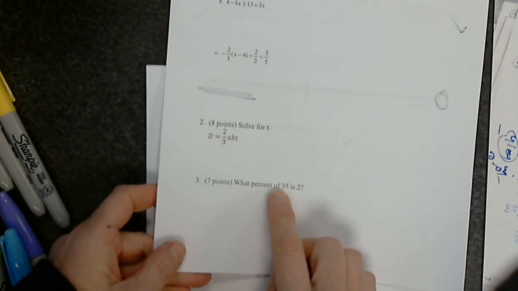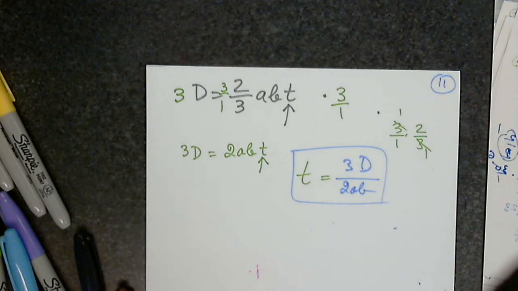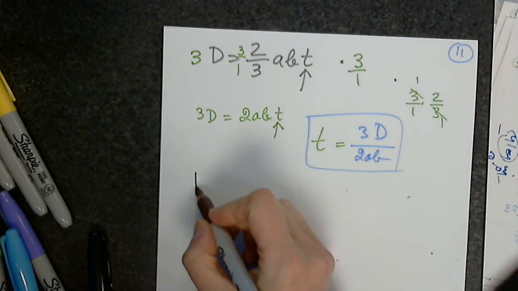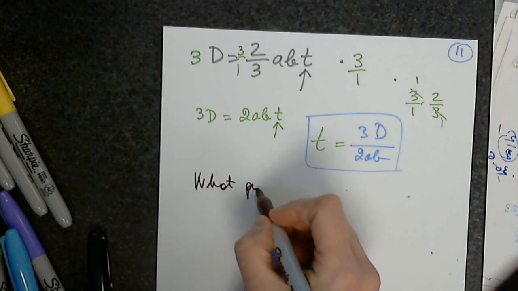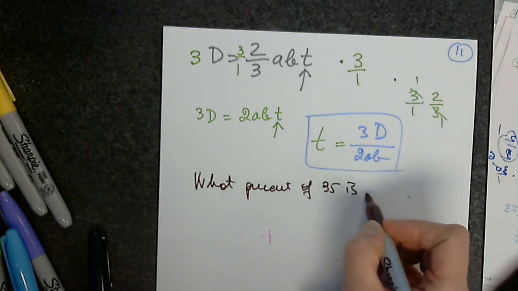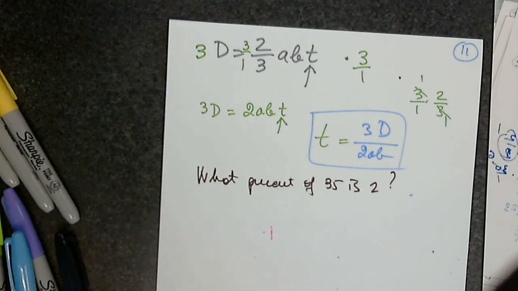What percent of 35 is 2? I need an equation, step by step, each and every word that can be changed into mathematical terms.